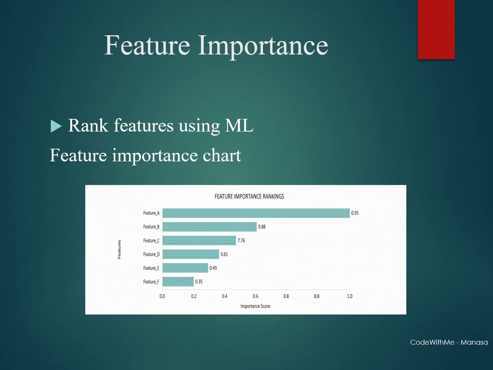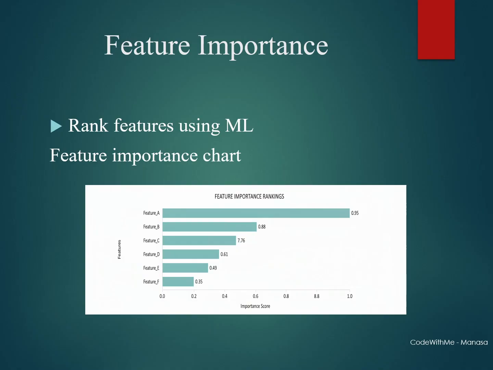We have the rankings here, like feature A, feature B up to feature F, and we have the importance score of each feature. So there is a rank for each feature, so that we know which feature is very useful and which feature is less useful for making the machine learning model.